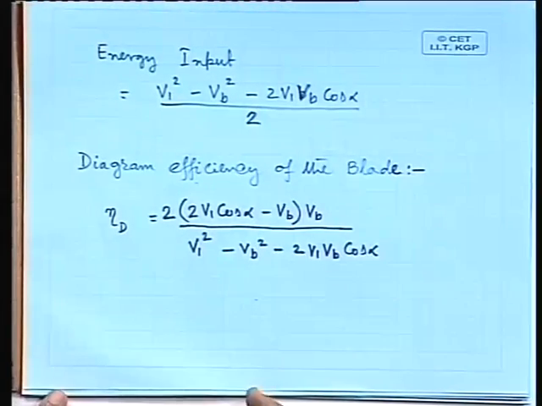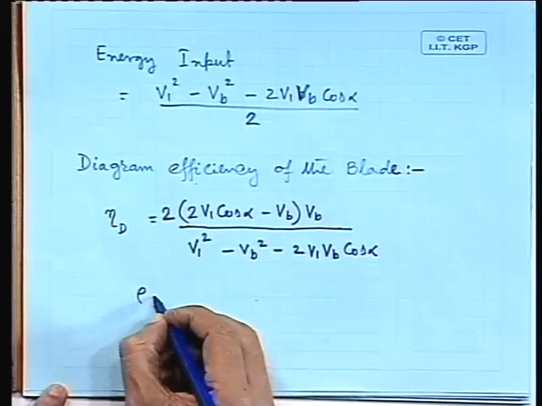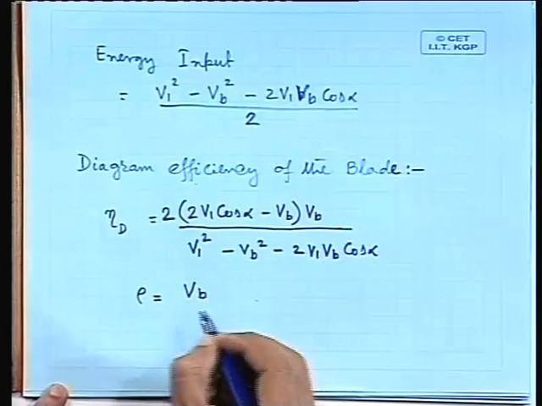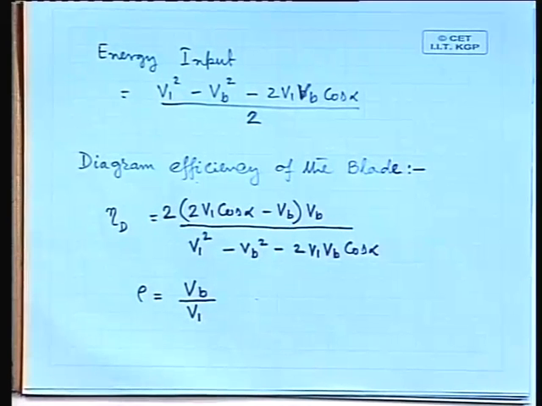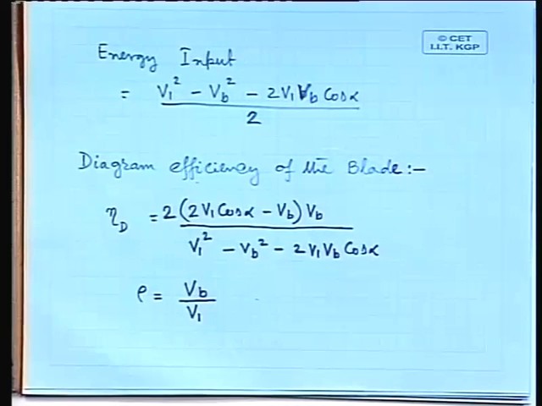Then just like before, we can introduce one particular parameter, that is rho. Rho is the velocity ratio and we define it as Vb by V1. Once we introduce that, we will get a complex expression in terms of rho and alpha.